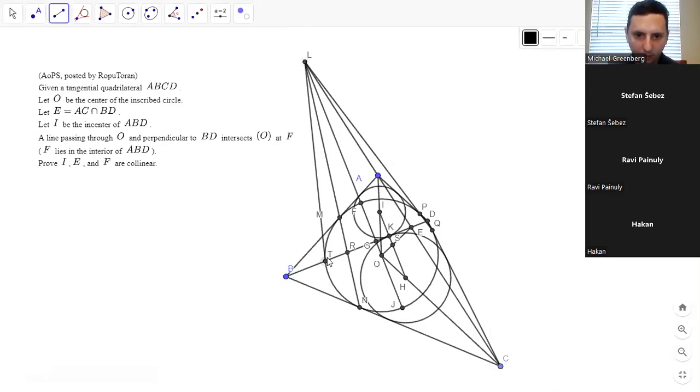And then, whoops, because we know BD is the polar. And then we want L, so LFT is similar to LTJ, right?